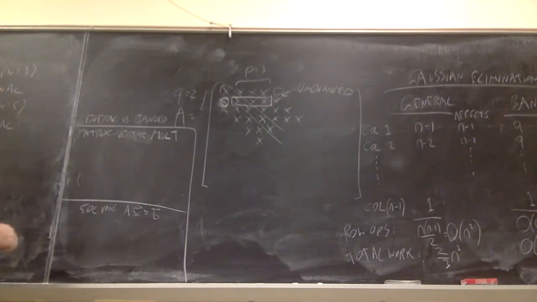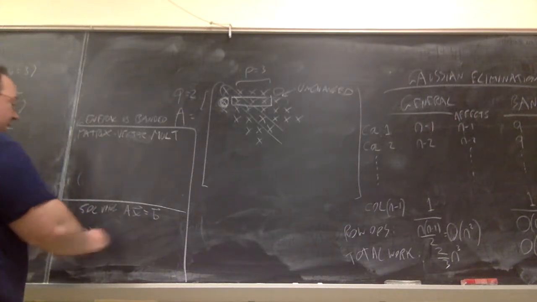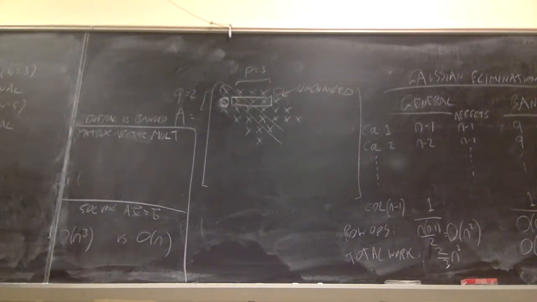So for solving AX equals B, that I've just gone over, we have order n cubed work in the general case versus order n work for the banded case.